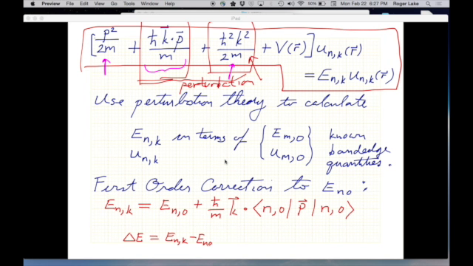That's our delta E, and that's just the matrix element of your wave function, n0, with whatever your perturbation is. Usually in perturbation theory they'll call it H prime, some perturbing part of your Hamiltonian. Does that look familiar? That's what we're doing, and our H prime is this k dot p term. That's all we're doing, first order perturbation theory.